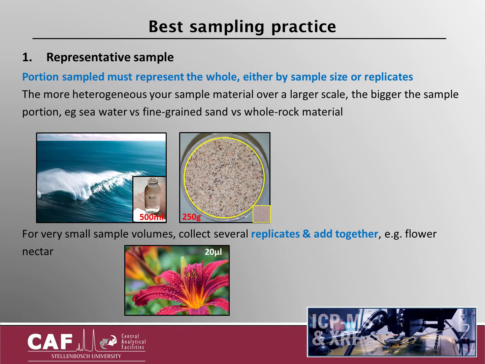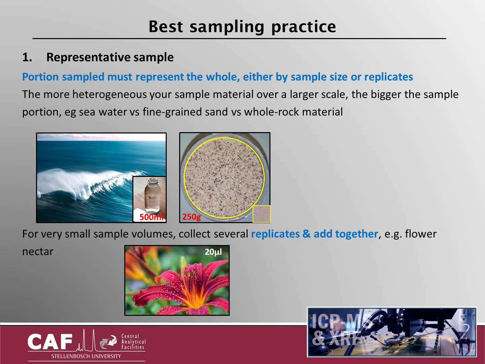The more heterogeneous your sample material is over a larger scale, the bigger the sample portion is that you need to sample. So for instance, if you are looking at trace elements in open ocean seawater, you don't need to take a ton of sample material. It's going to be homogeneous over a fairly small scale, so that half a liter to a liter of sample is going to be representative enough of your seawater.